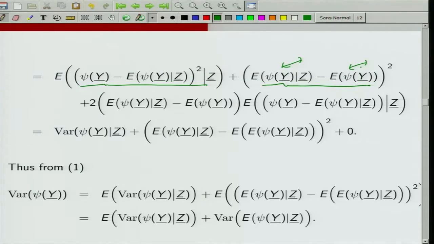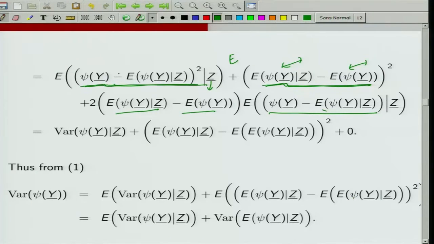So, when I take the expected value of this quantity with respect to the conditional PDF of y given z, I get this itself, because for a fixed z it is a fixed constant, plus 2 times the cross product of these two. Anyway this is a constant. So, 2 times expected value of psi y given z minus expected value of psi y, then the expected value of just this quantity, which is psi y minus expected psi y given z.